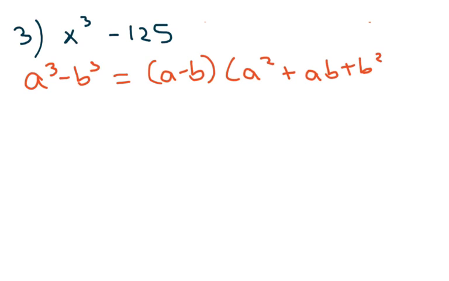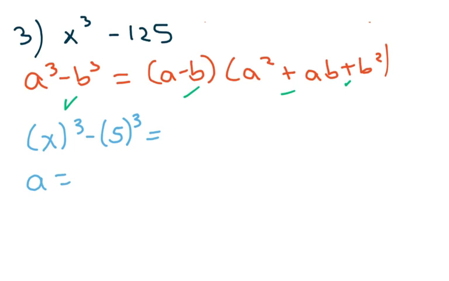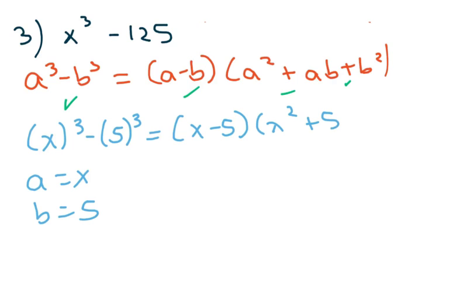So in this case, it's minus, minus, plus, and this is always plus. All right, so just fill it in like we did before. Your a is x, your b is 5. So a is x, b is 5, and just plug it in the formula. x minus 5 times x squared plus 5x plus 25.